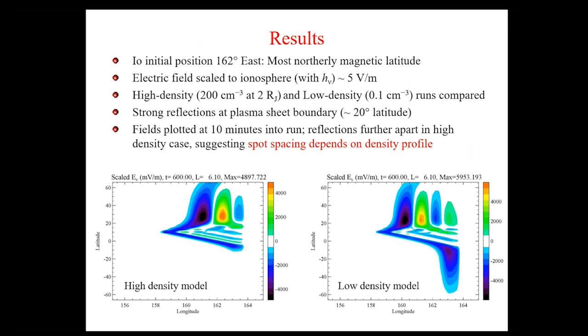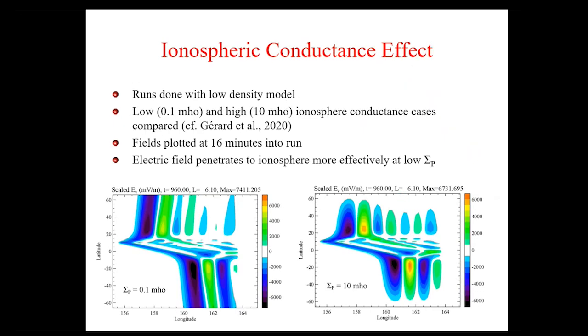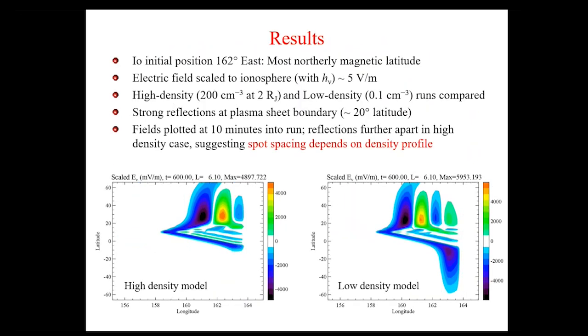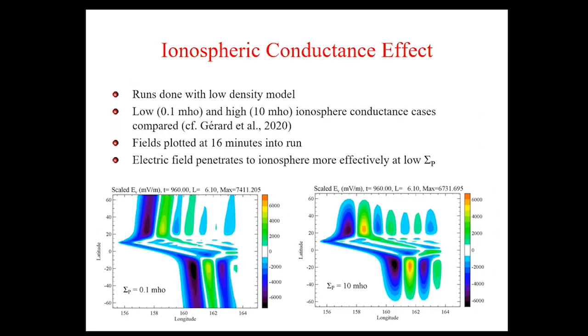Here's Io trucking along and producing these Alfvén waves that go back and forth, bouncing off the ionosphere. The point of this slide is that the spacing of these spots tells us about the density profile. So if we really start to understand that, we could use it as a diagnostic of the plasma.